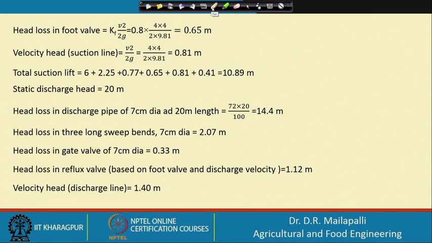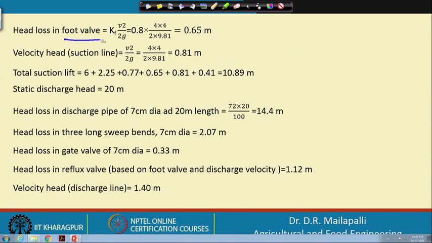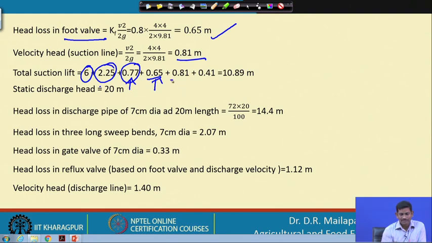Now, head loss in the foot valve is this much; use the velocity head equation V square by 2g. The total suction lift is the static suction lift plus the friction head loss in the pipe, the bend, the strainer and the foot valve, the velocity head, and the other bends. So the total will be 10.89 meter, the total suction lift.